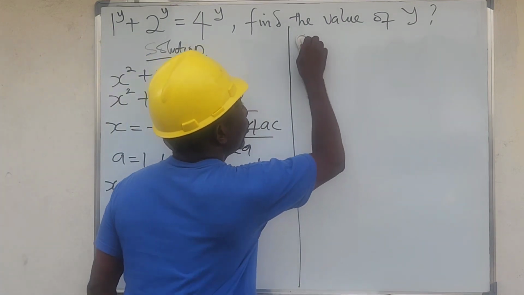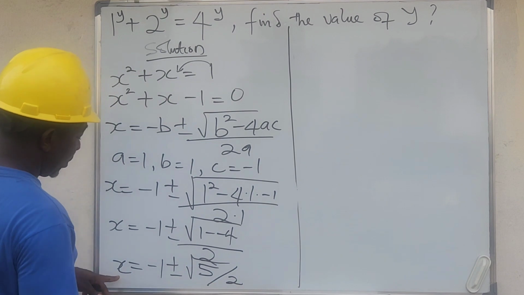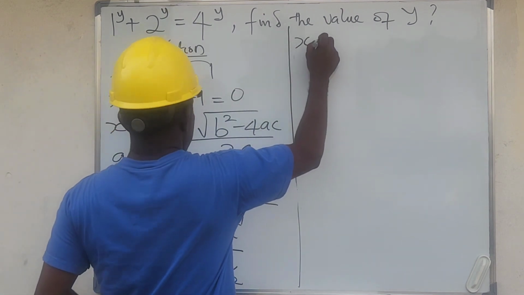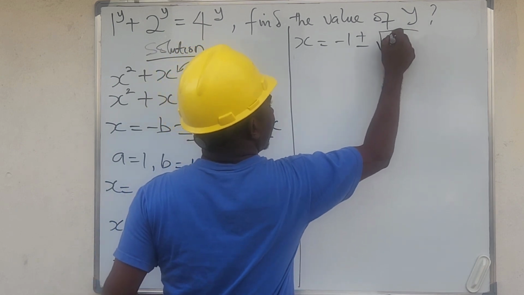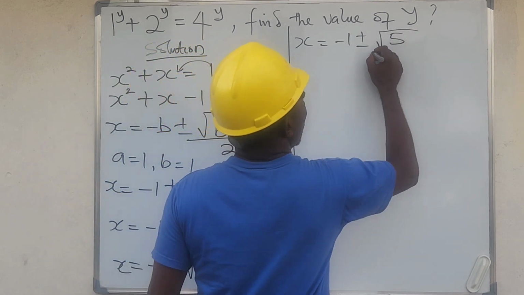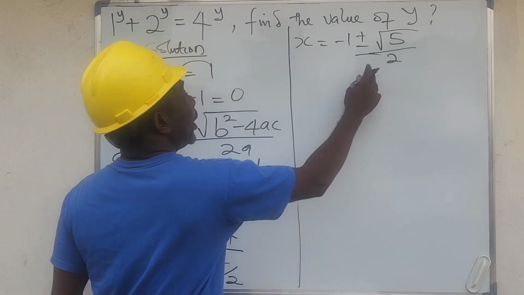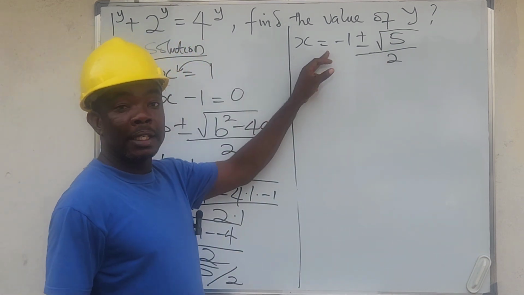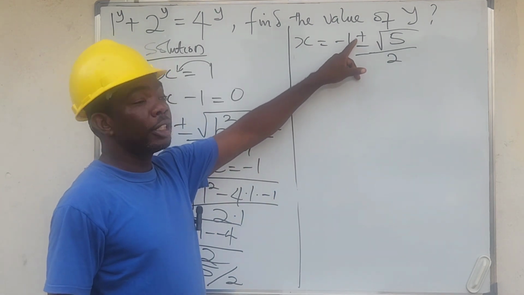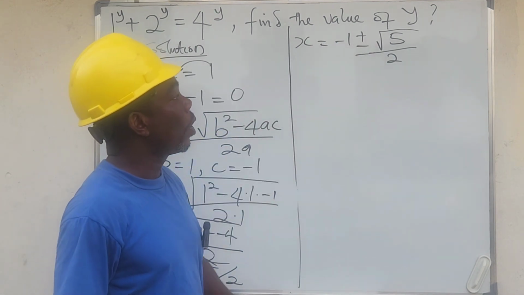So we clean here, move over to this other side. As we said, we have x equals minus 1 plus or minus the square root of 5 all over 2. So this is what we have. Here, x has two values, positive and negative. So we take one after the other.